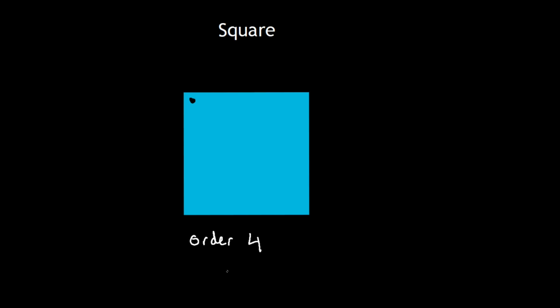Now let's have a look at a parallelogram. So here again we've got a parallelogram, and I'm going to be rotating it 360 degrees. So I'm going to start by again having a little dot to tell me where I've started. So I'm going to put it here and say that's where I've started, and that's where I'm going to end.